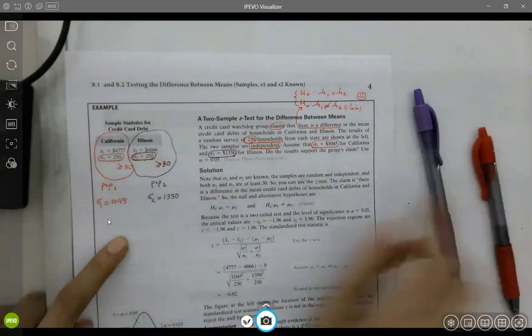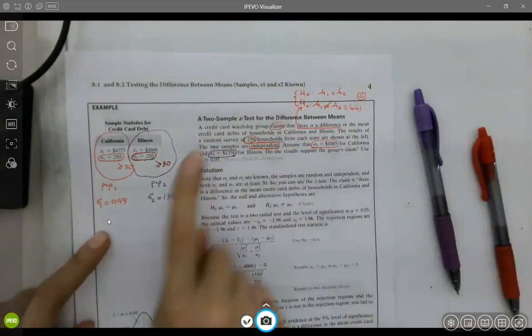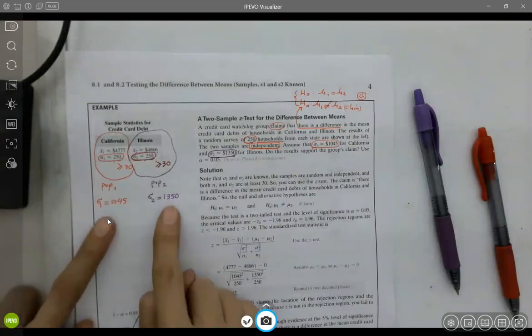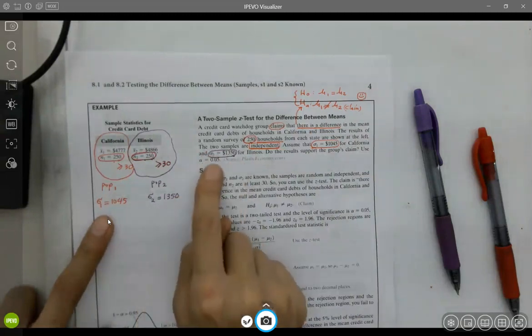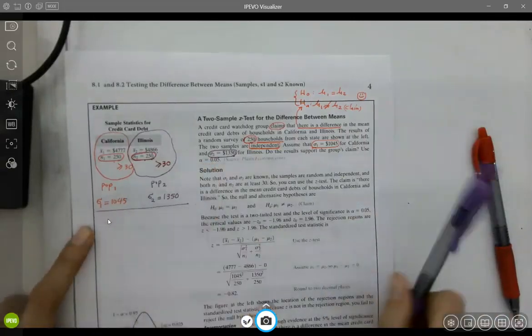Okay. We have a hypothesis testing for two populations. What is our alpha? Alpha is 5%. So let us start.